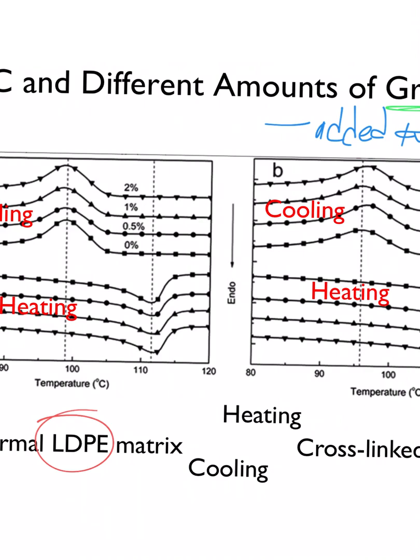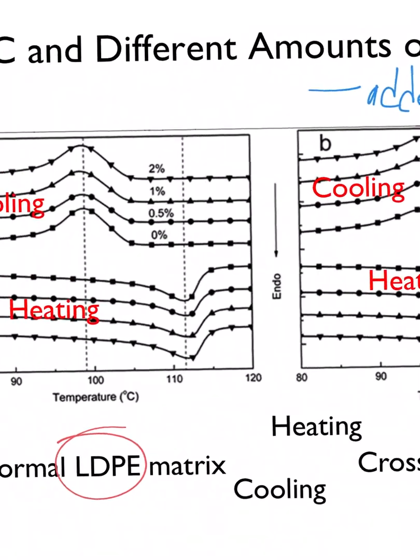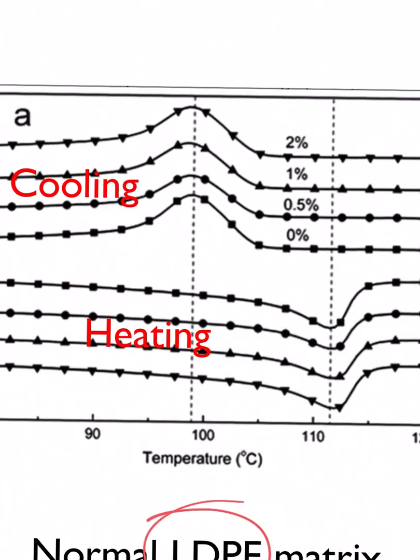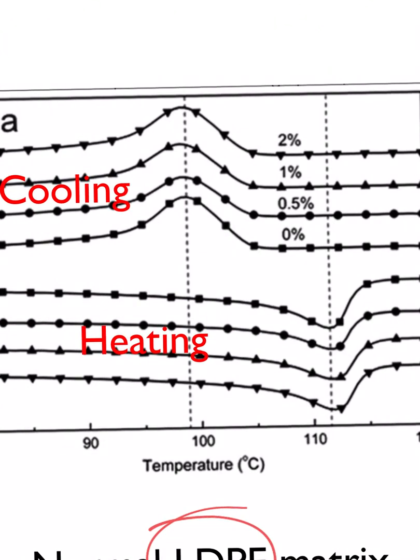And as it turns out in this data, the graphene doesn't really make a big difference. But let's just talk about the data first. And so we've got these structures, and this shows you different amounts of graphene that are present. And so you start by heating this, and as it gets to a temperature of about, it was 112 C.